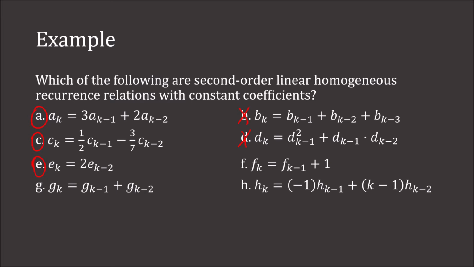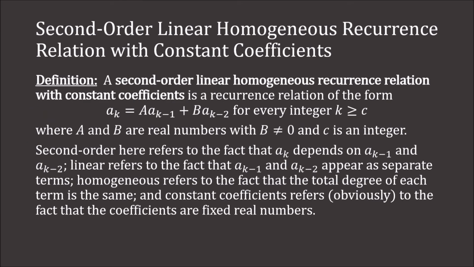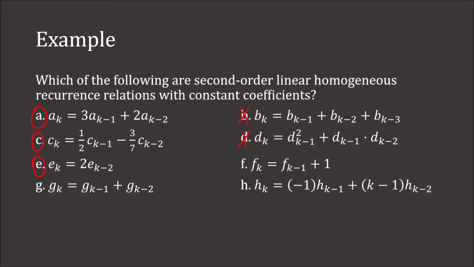Right, remember the definition. The only restriction was B was not equal to 0. It didn't say anything about A. So we look at F. Well, it only depends on f sub k minus 1. So that's not second order.